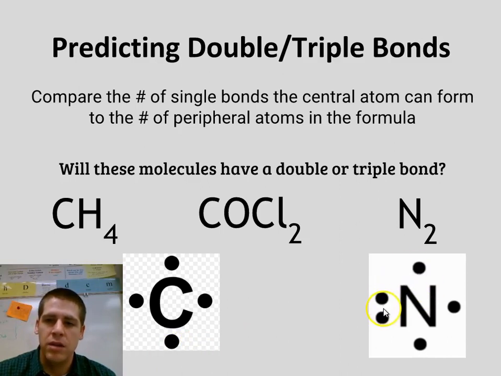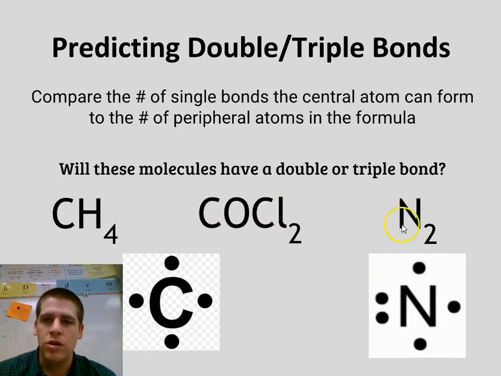This atom, nitrogen, one of the sides of the atom, one of the domains, is already paired up. So it can actually only hold a maximum of 3 bonds, right, because there's only 3 places that it can accept more electrons. So we could say that nitrogen, theoretically, could form up to 3 bonds. It doesn't necessarily mean it's always going to be a triple bond, but it could go up to a triple bond.